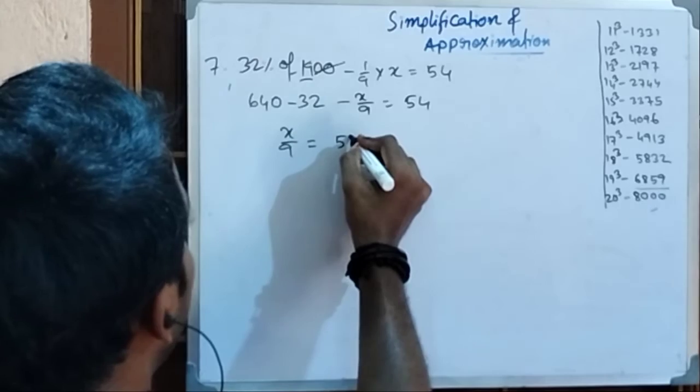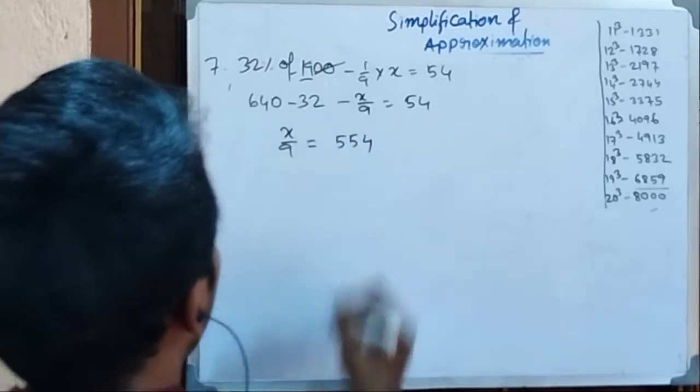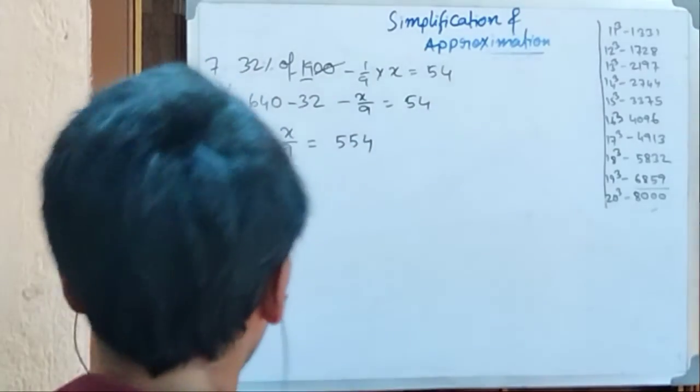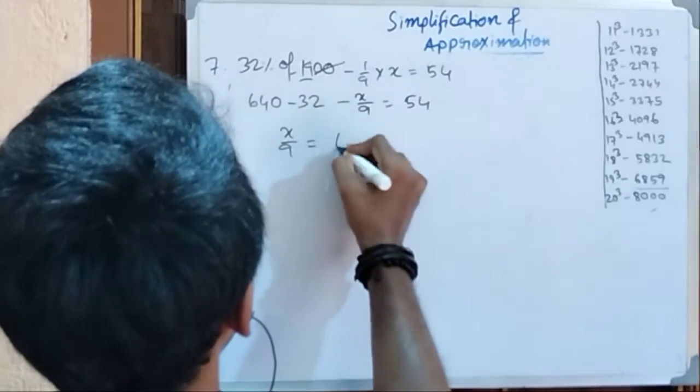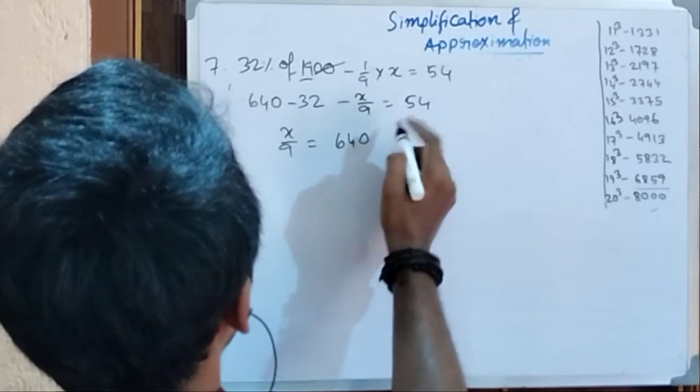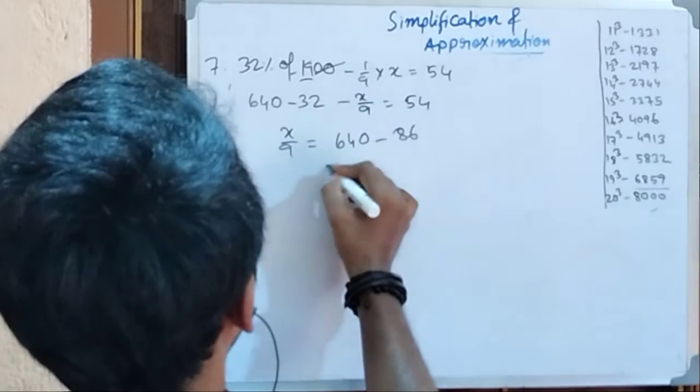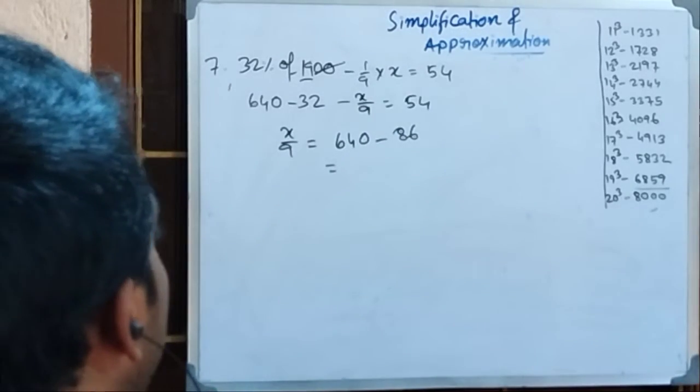So 554. No. What would it be? 640 minus 86.